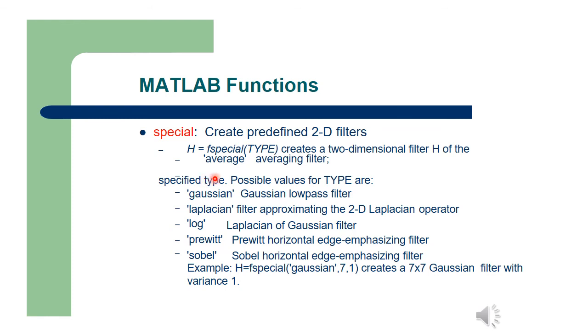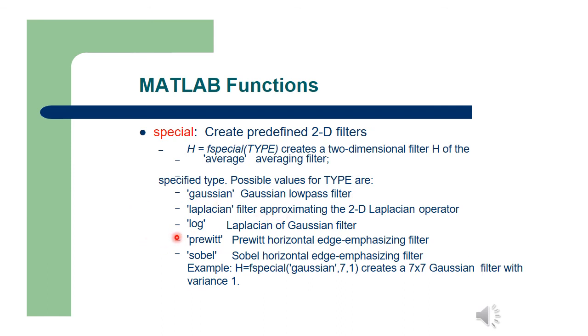This is the type of the filter, and fspecial supports these 6 types. It creates a two-dimensional filter for you, and the possible values for the type are: average, if you are creating an average filter.